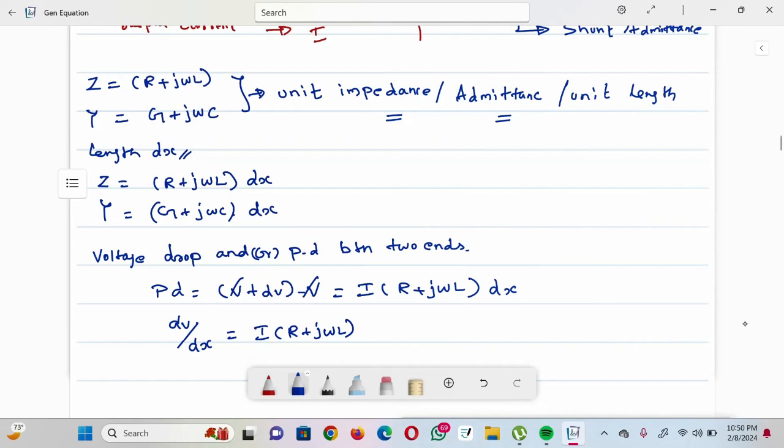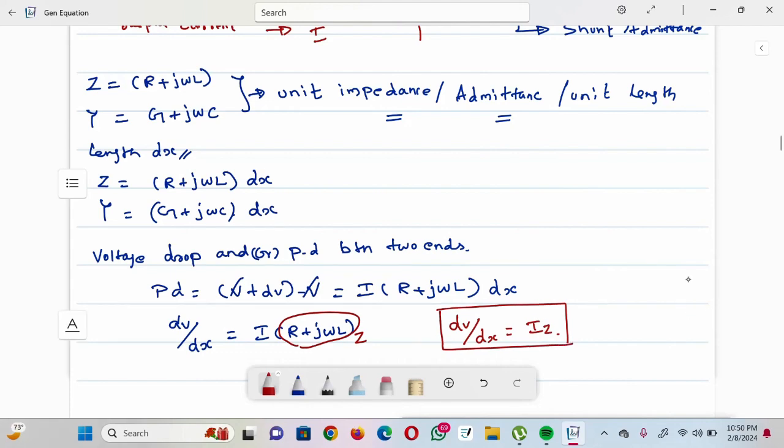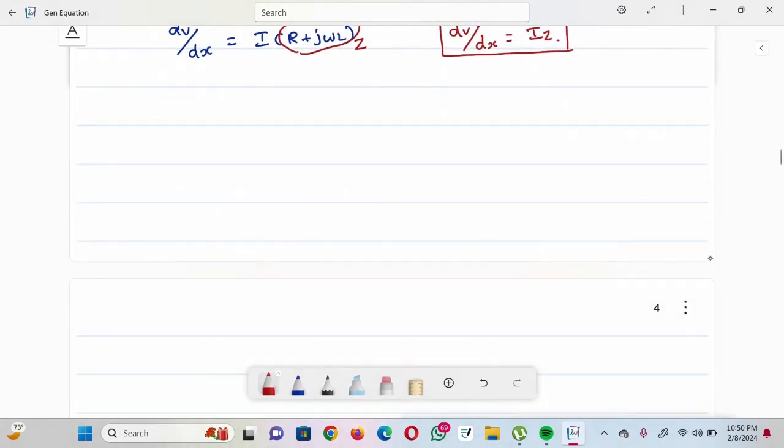Already we know that R plus j omega L equals Z. So dV by dx equals I into Z. This is the value of the potential difference between the two ends.